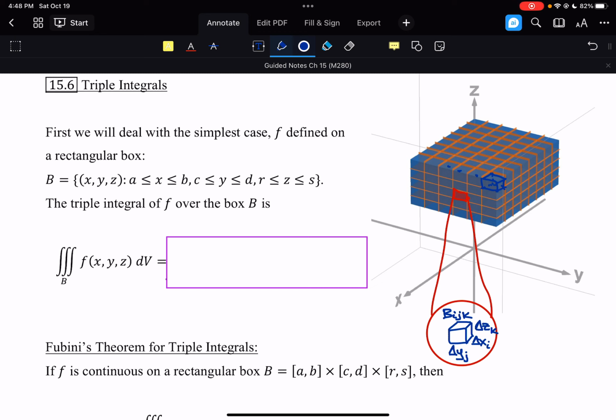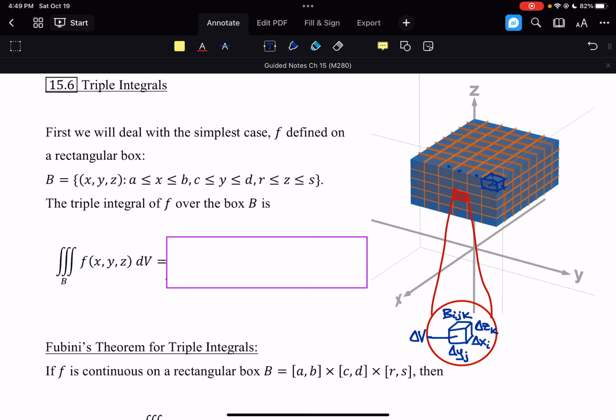So when we find delta x sub i, delta y sub j, delta z sub k, all of those get put together to create delta V, which represents the change in volume, the volume for one of these small pieces, one of these little boxes.